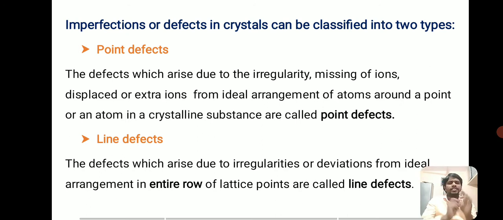Coming to line defects, what are they? The defects which arise due to irregularities or deviations from the ideal arrangement in an entire row. This is what is called line defects.